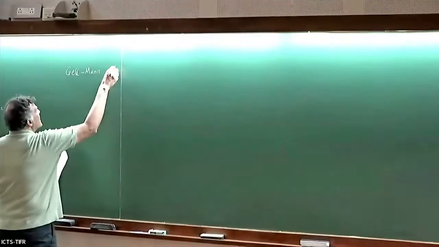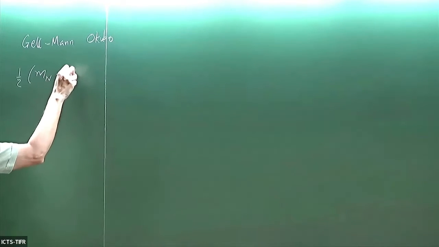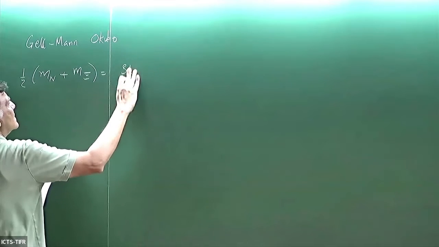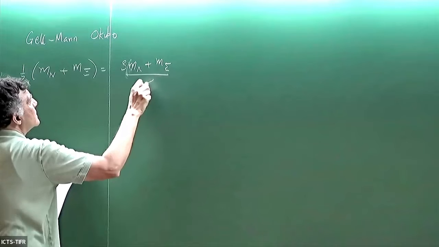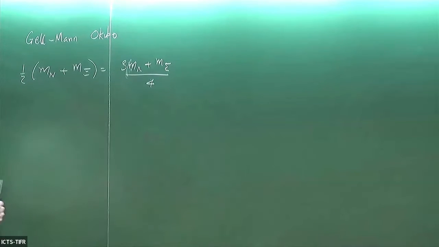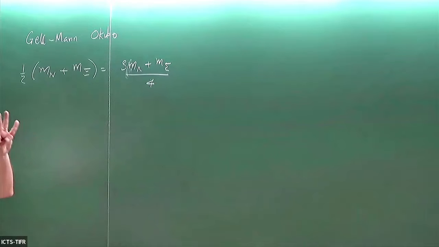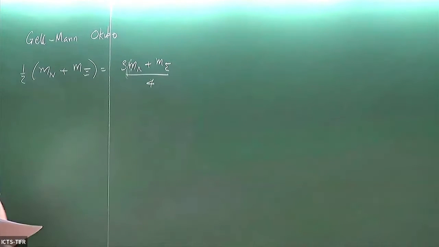This is the baryon version of the Gell-Mann–Okubo formula, which says that the average of the nucleon plus the Xi mass is (3 m_Lambda plus m_Sigma) over 4. One thing to note is that on the right-hand side, it's not the average of the Lambda and Sigma masses, because there are 3 Sigma states and 1 Lambda state. The 3 is in front of the Lambda, not in front of the Sigma.